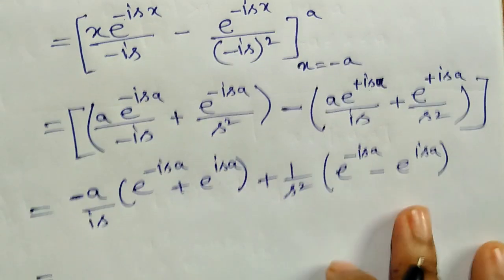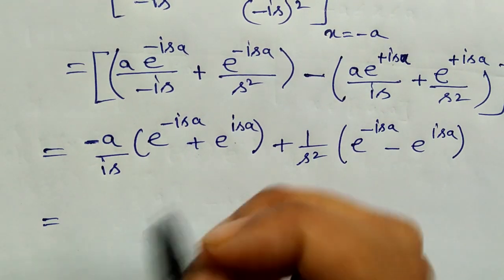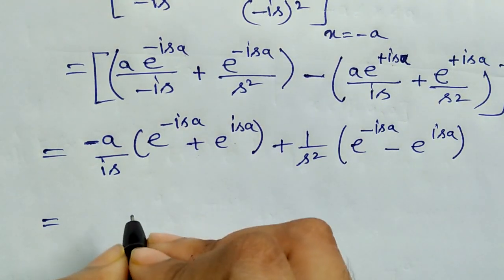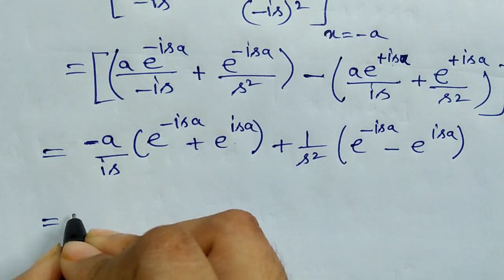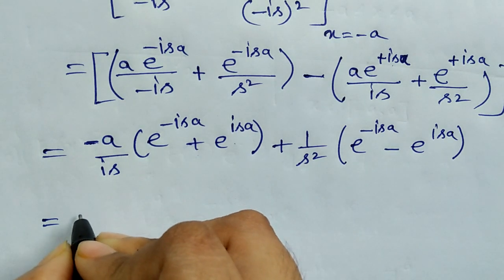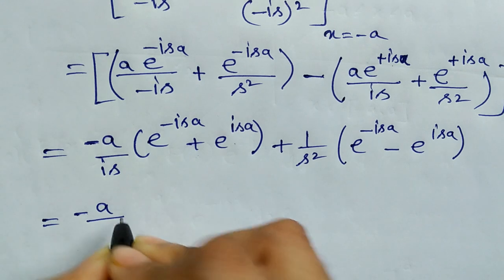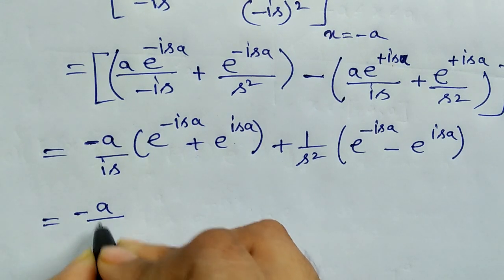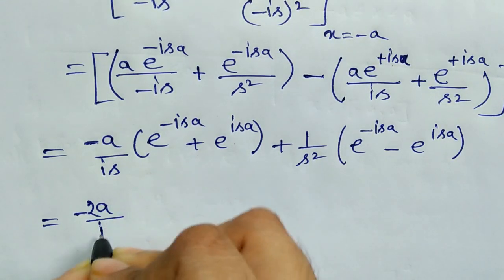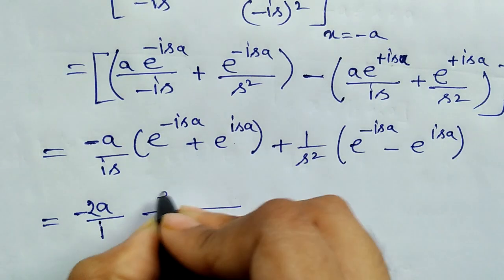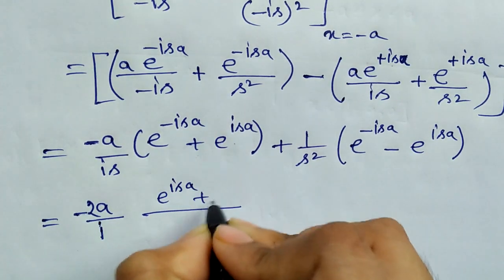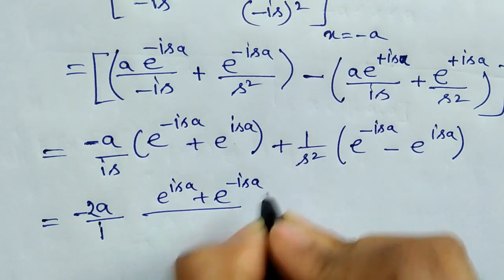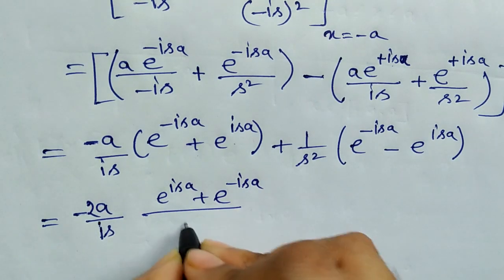Now this is equal to, we just have to arrange this, so minus a by i, okay, 2a by i, then e to the power isa plus e to the power minus isa, also 2 here.